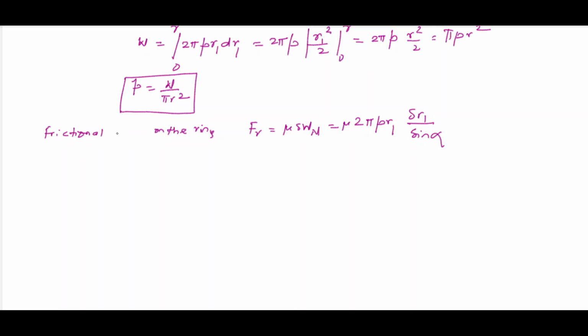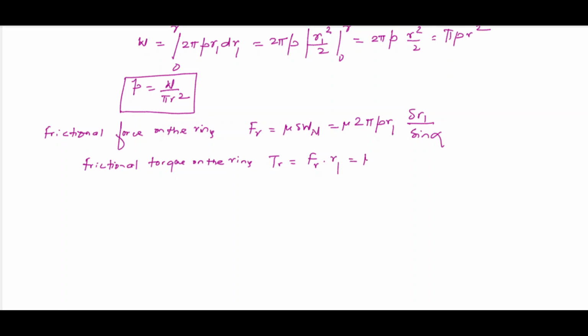So frictional torque on the ring Tr will be your frictional force on the ring multiplied with the radius r1.